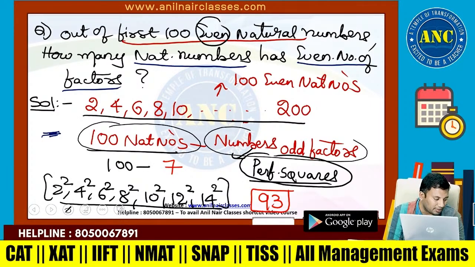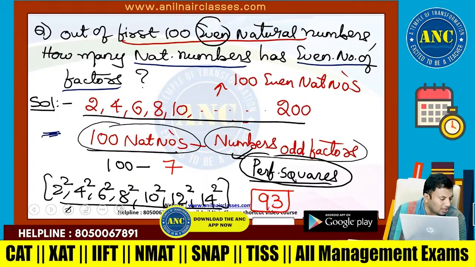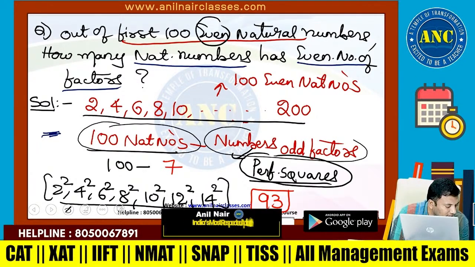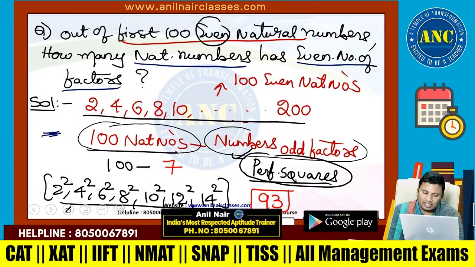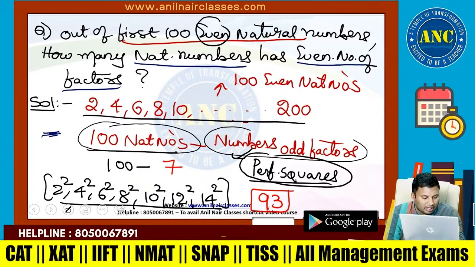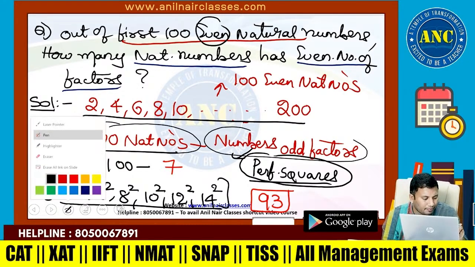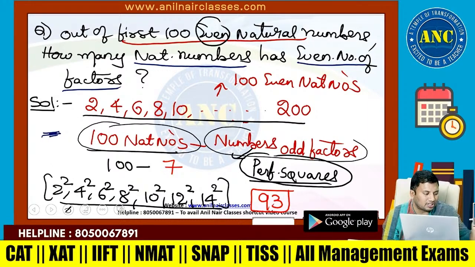Anand, your question is that 2 has 2 factors, which is an even number. Yes, that will come. In those 100 numbers, I deleted 4, I deleted 16.